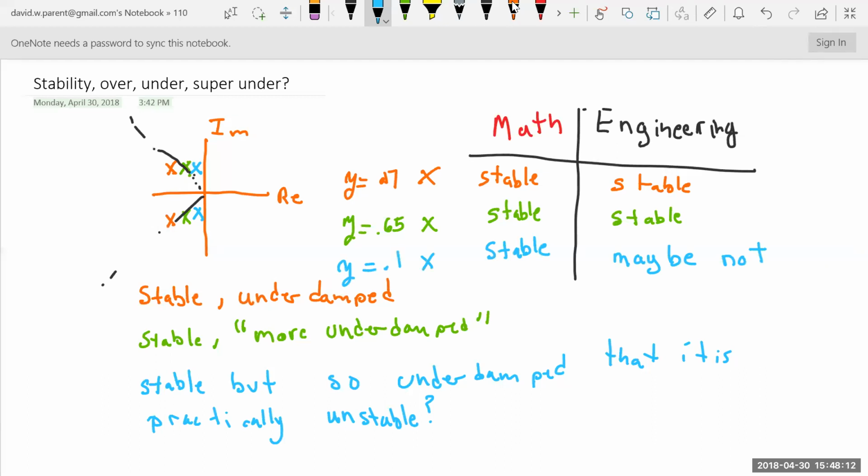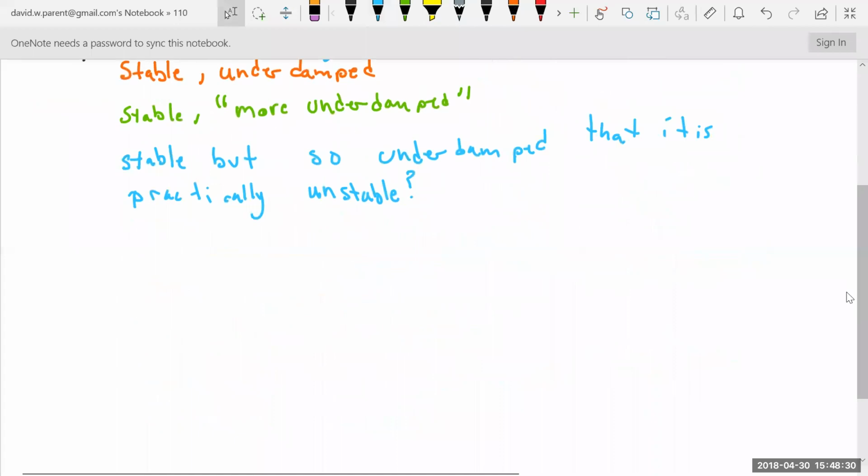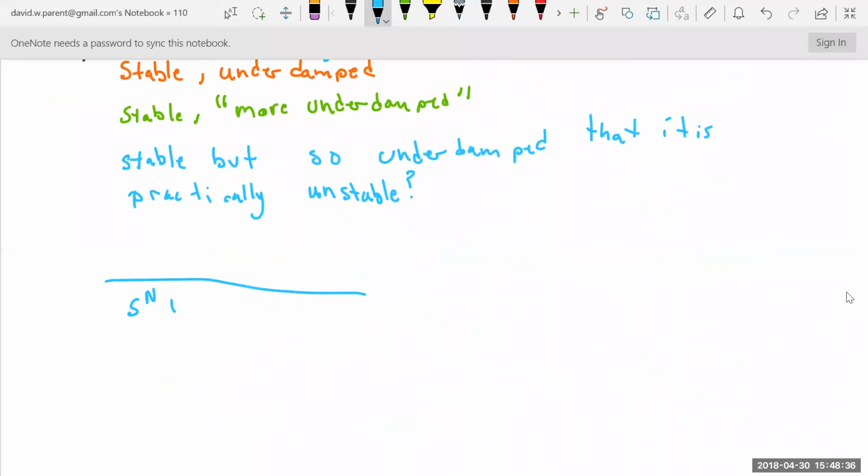The first time I taught, as a practicing engineer, basically something that's really underdamped is effectively unstable. And so rather than those rules of stability, where we have the polynomial s to the n plus and so on, where no sign change, no missing power of s, those are the mathematical stability criteria.